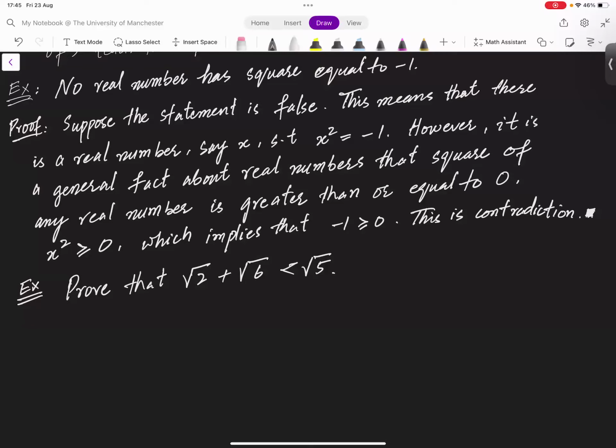Now, you'll also learn what a non-proof is. So let me start by giving a non-proof.